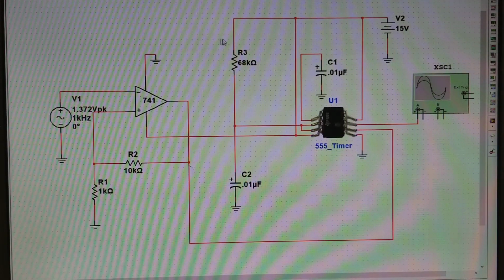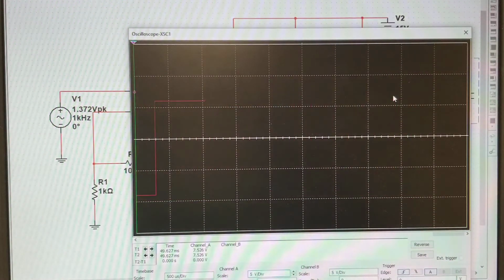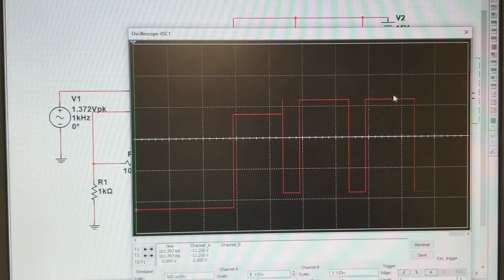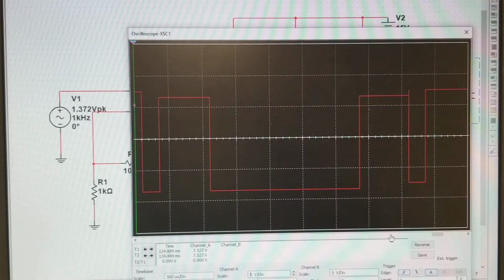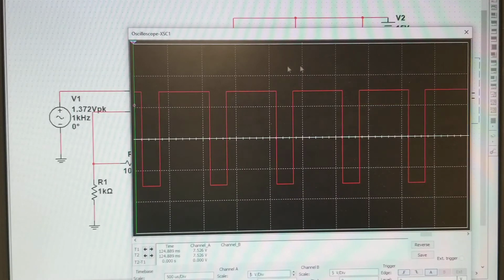So I changed out that 47 kilo ohm to a 68 kilo ohm resistor. I'm going to start up the simulation and check the oscilloscope. And we're going to check to see what the pulse width is.